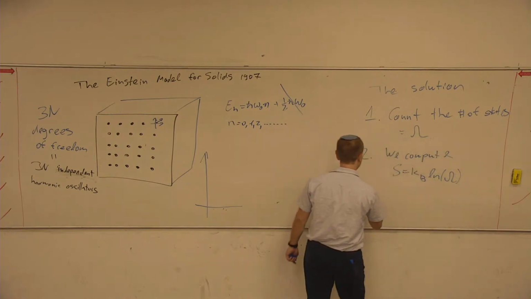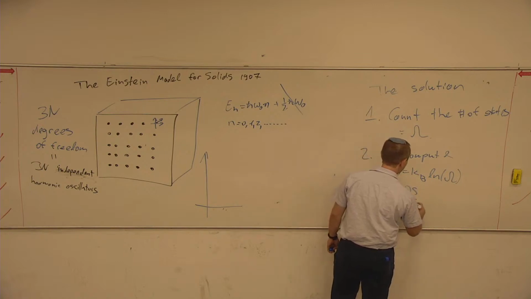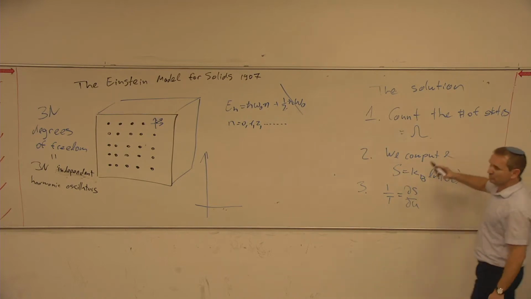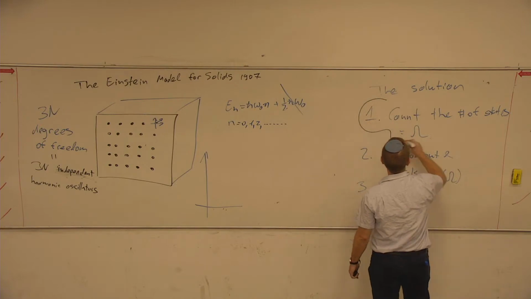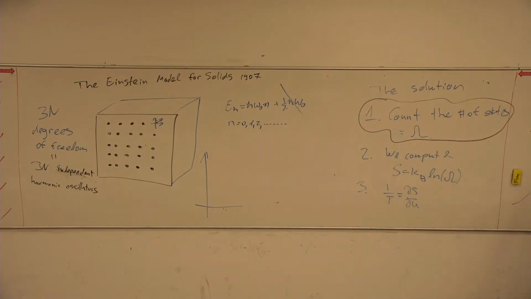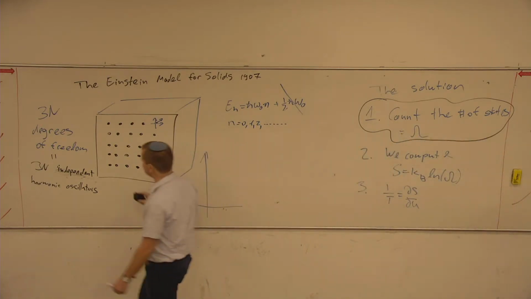Number three, we write down 1 over T equals dS/dU. This is the whole solution. The problem, of course, is that it's not that everything is very simple. We have here some sort of a combinatorial problem.